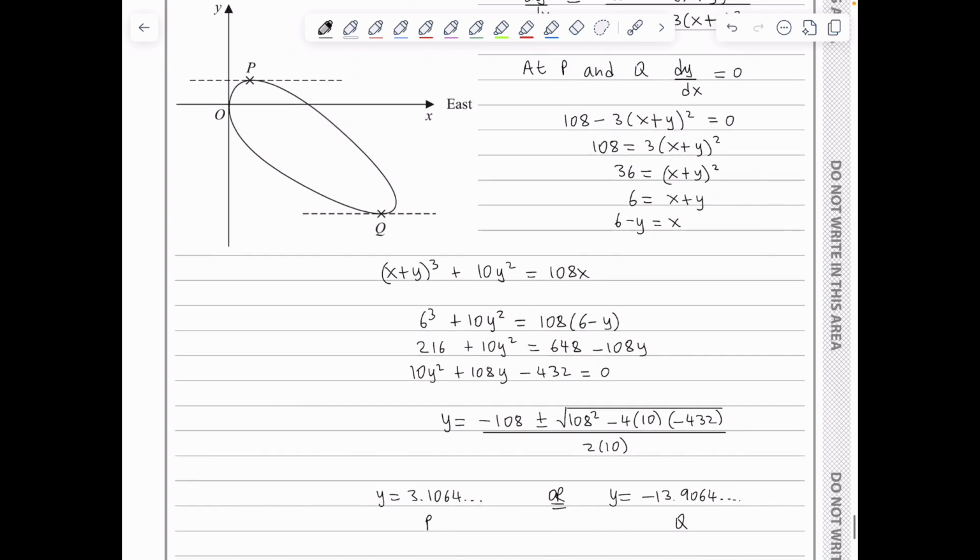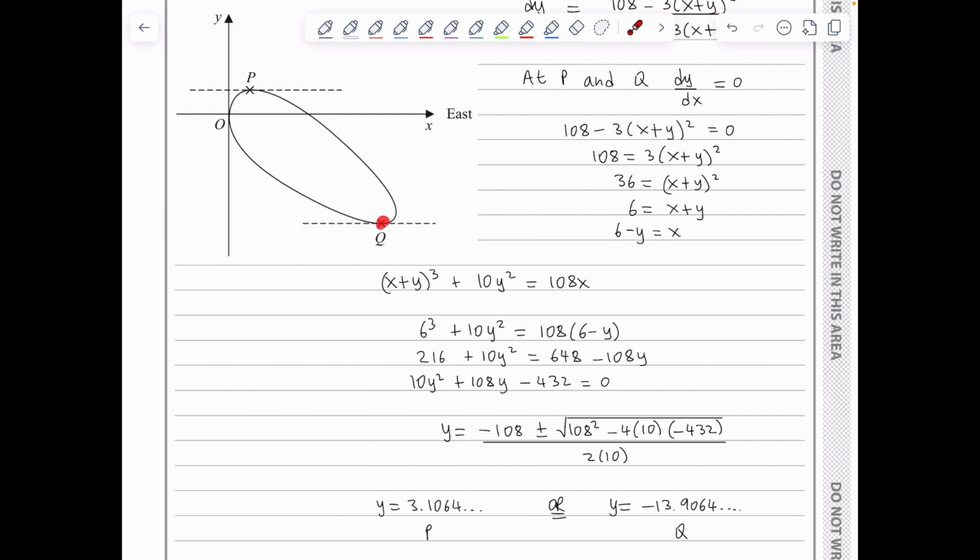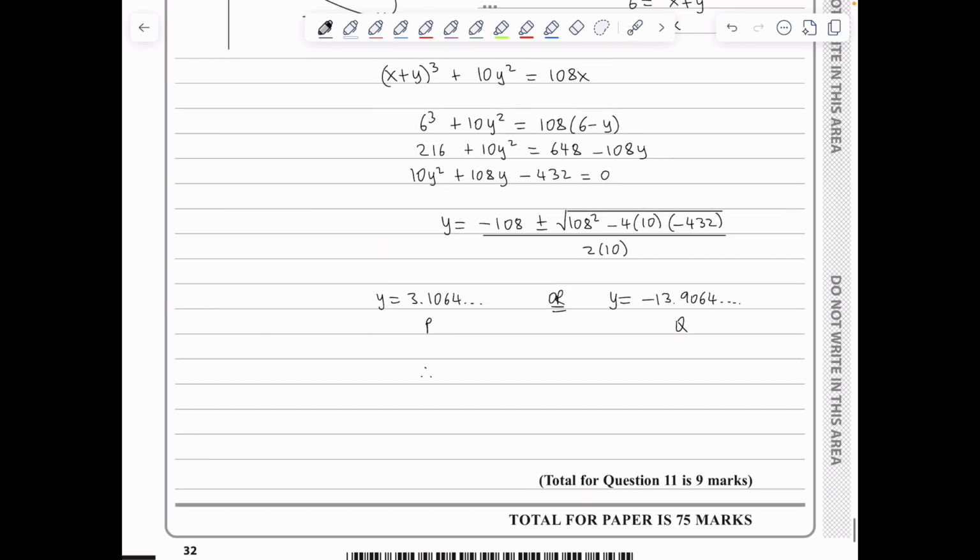Remember, we're trying to find the distance of Q below the origin, so it's the y coordinate here. The units were kilometers, so the actual distance is 13.9064... kilometers, which we know, to the nearest 100 meters, should be 13,900 meters.